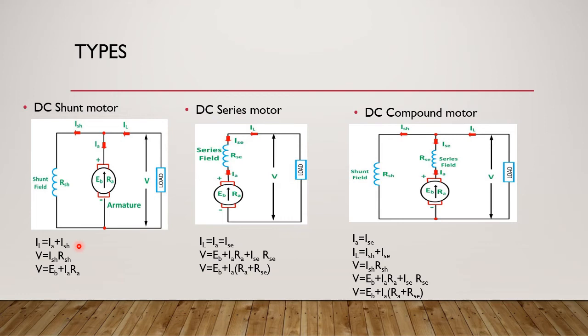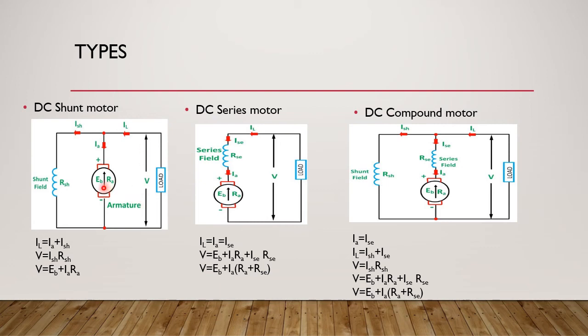And now let us write the voltage equation. Here V is in parallel with Rsh, so V is equal to Ish Rsh. While writing the equation by Kirchhoff's voltage law, V is the applied voltage, this is the source, and here EB opposes.